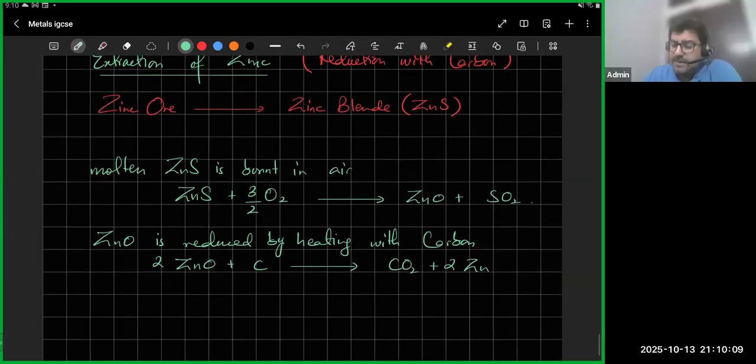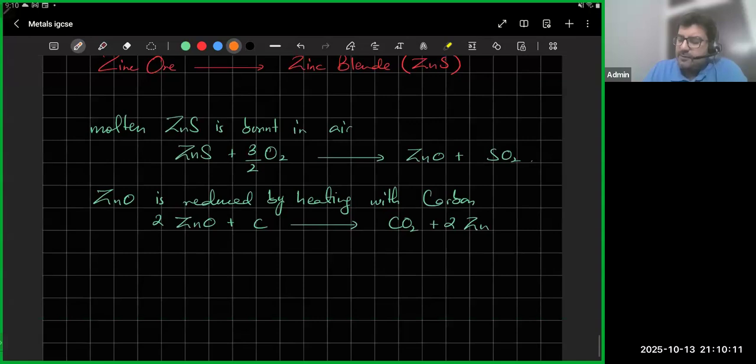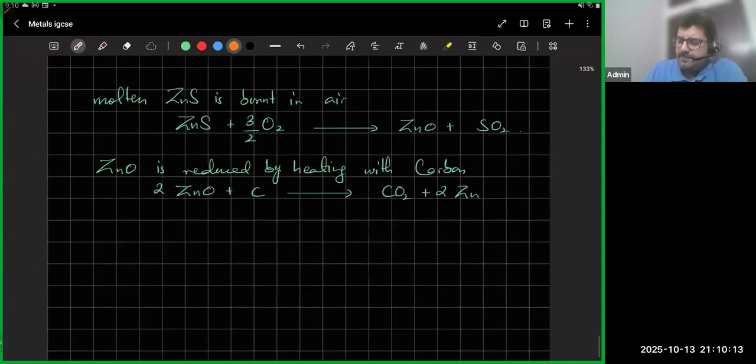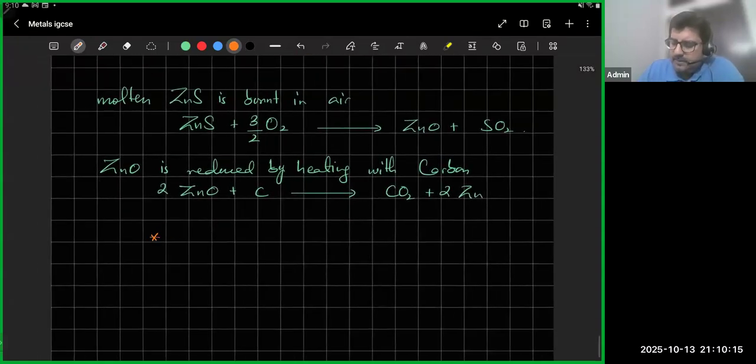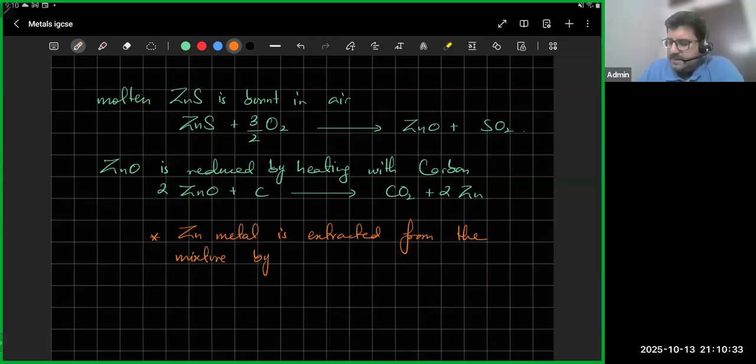The question that you normally get: zinc also has a very low melting and boiling point. So zinc metal is extracted from the mixture by distillation.